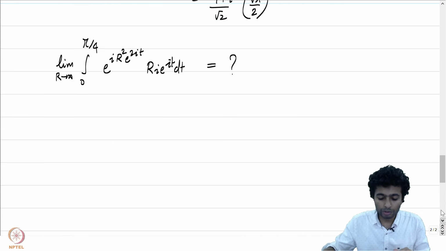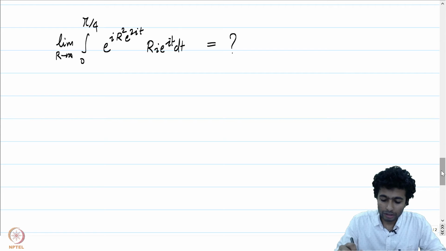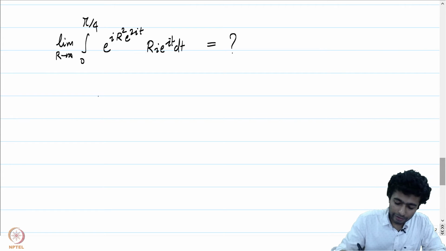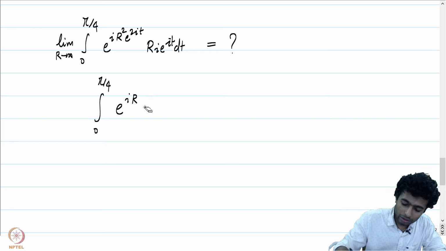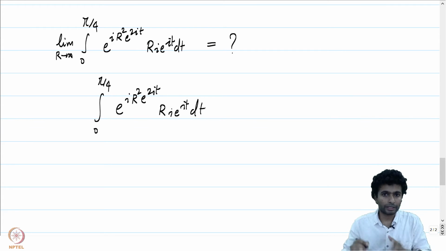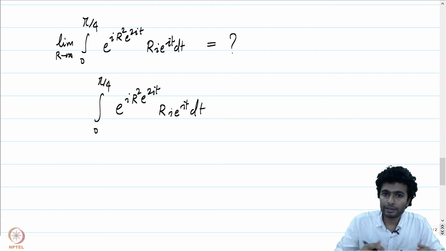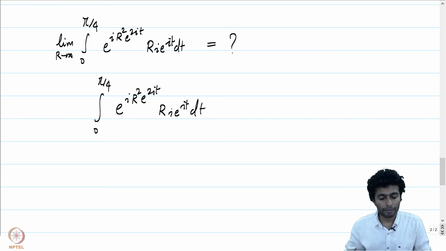Notice that even though there are complex terms in the integrand, if you look at the absolute value of the integral from 0 to pi by 4 of e to the power i r square e to the power 2 i t into r i e to the power i t dt, after writing it in terms of the real part and the imaginary part, we will be able to treat these as Riemann integrals of real valued functions on 0 to pi by 4.